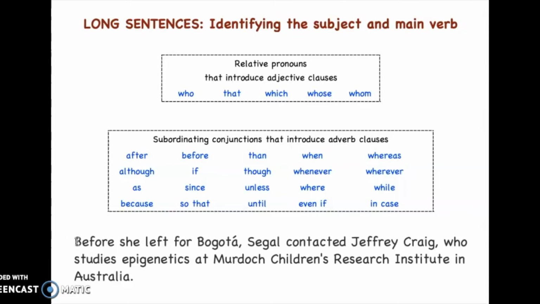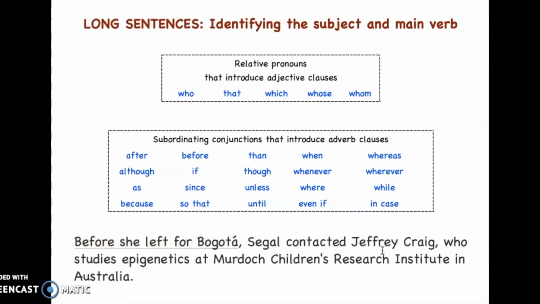So we see the word before. Here's the word before. So this is starting a clause. Before she left for Bogota. The comma here gives me a hint that this is the end of the clause. Okay, so we're going to eliminate that.